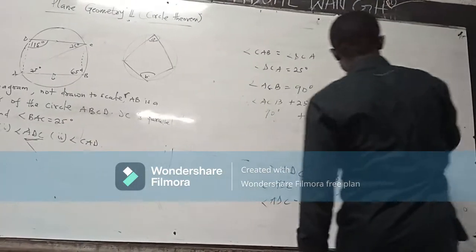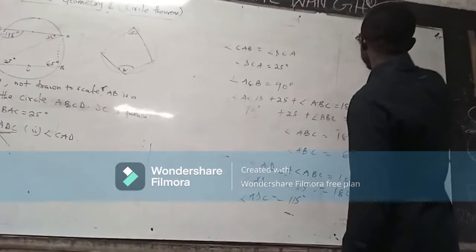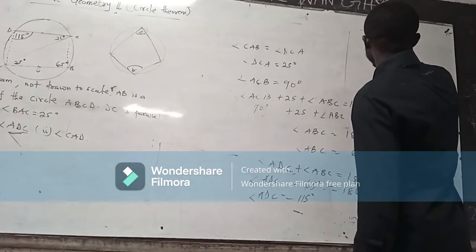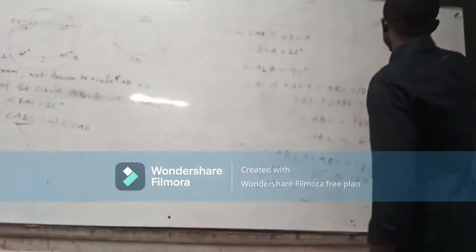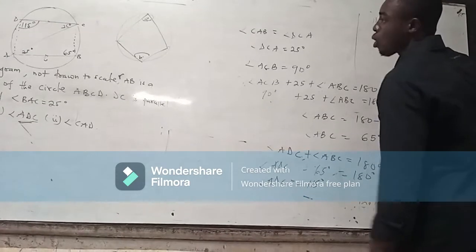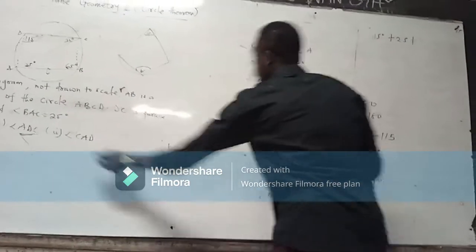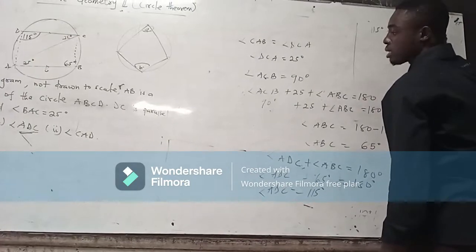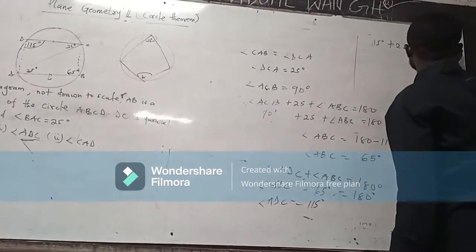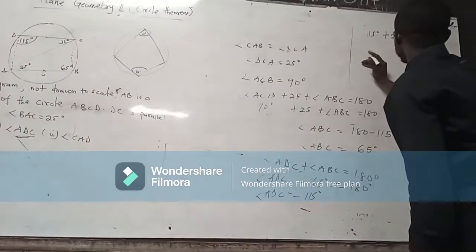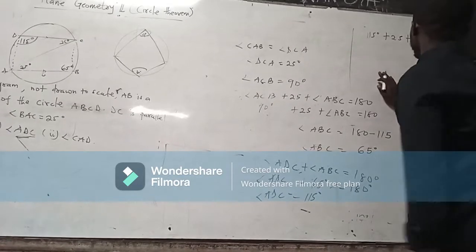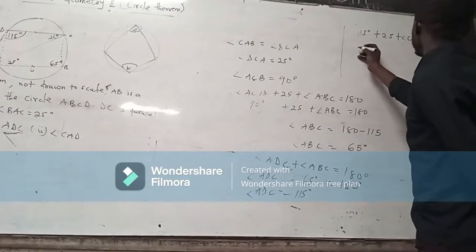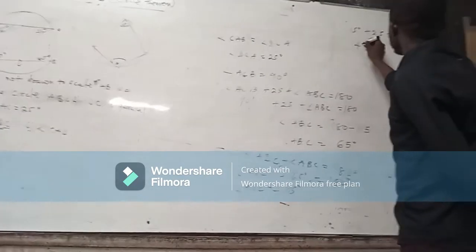When you sum up to 180, let's work it here. We have the 115 degrees plus the 25 plus the unknown, the angle that they say we should find, CAD, should sum up to 180. When you add this one by this, you get 140.